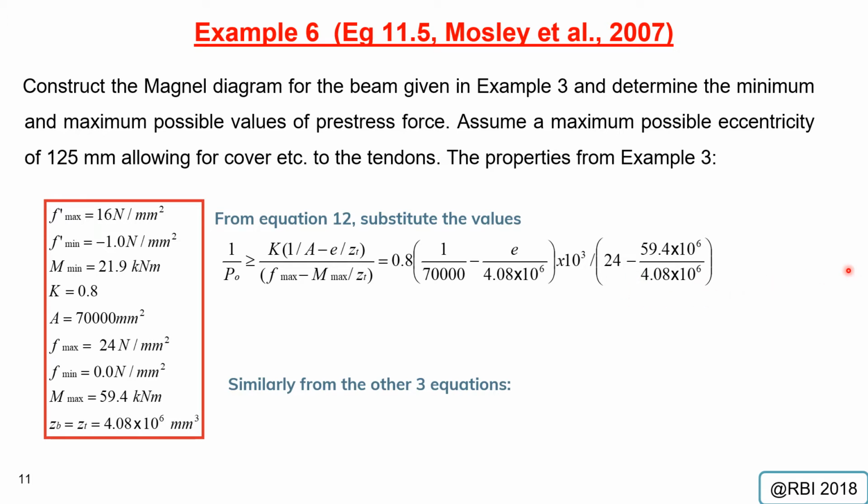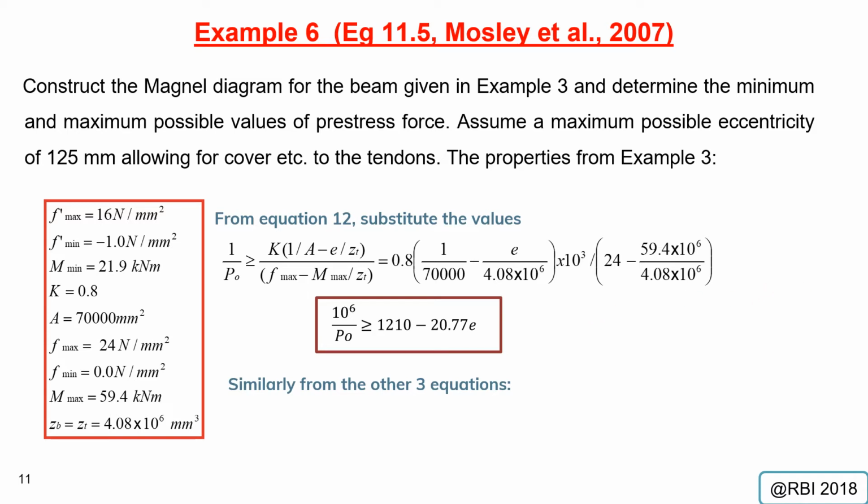Just be aware of changing your parameters, because it will affect your values. You will end up with the form 10 power of 6 over p naught, which is bigger or equal to 1210 minus 20.77 eccentricity, or e.